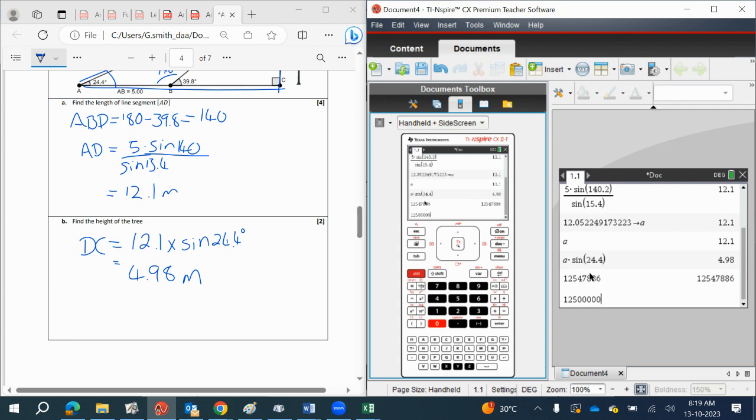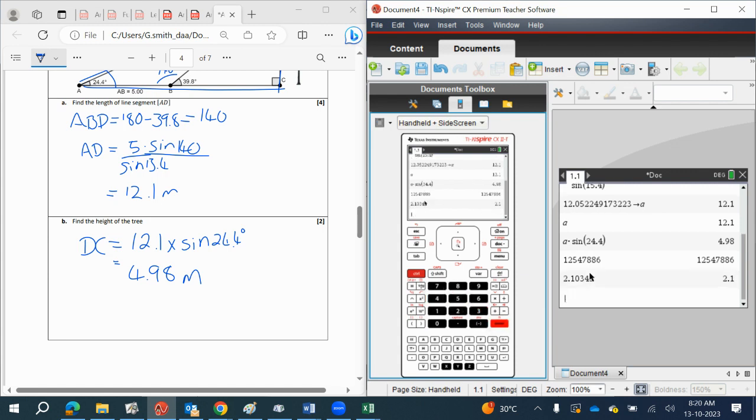Another thing to be careful of with 3 significant figures is, let's say we have 2.10345. Take this number to 3 significant figures. The calculator does make a mistake here with significant figures. If your calculator cuts off and gives you 2.1, it cuts off the zero.